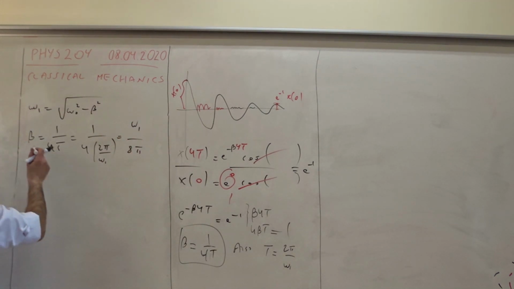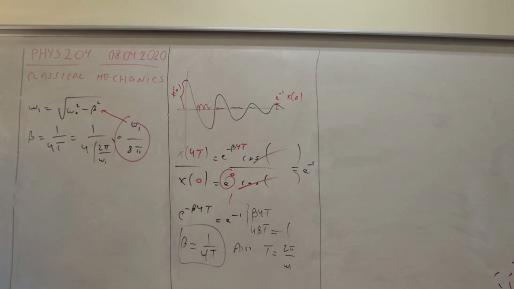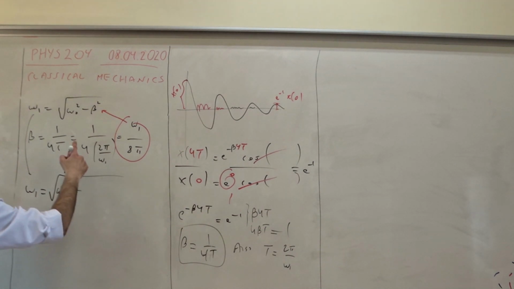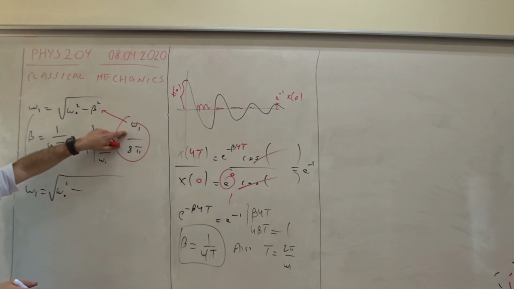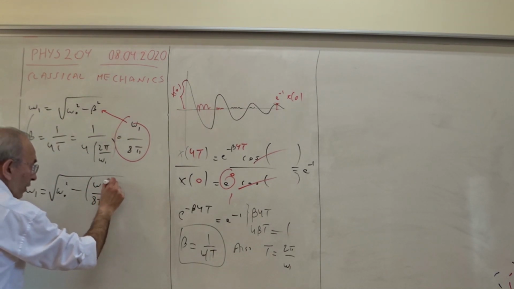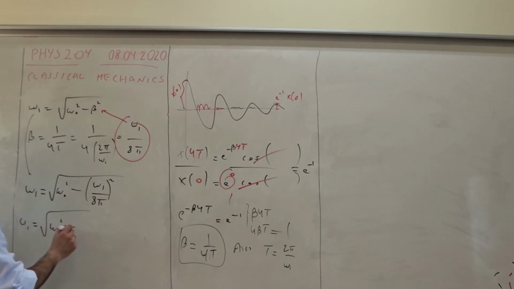So this equation becomes omega 1 is equal to root of omega 0 squared minus beta squared, where beta is replaced by omega 1 over 8 pi. So omega 1 will be root of omega 0 squared minus omega 1 squared over 64 pi squared.